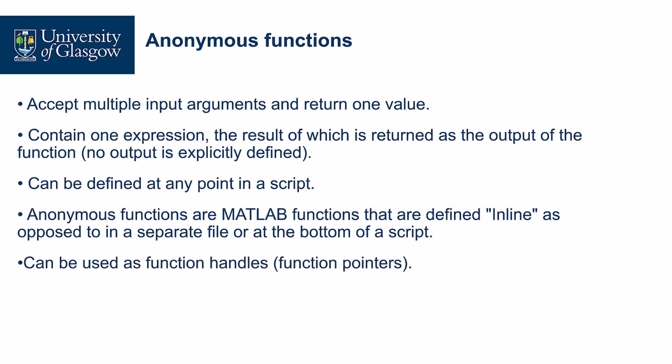If you have learned C programming, I think you will know what a pointer is. If you haven't learned that, don't worry. You can just consider function handles as a variable, and this variable represents that function.